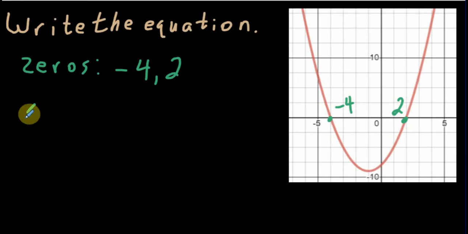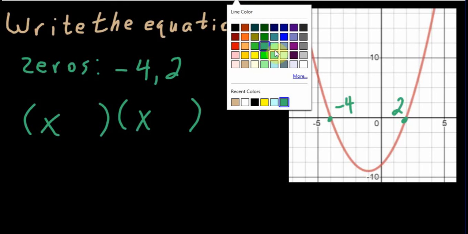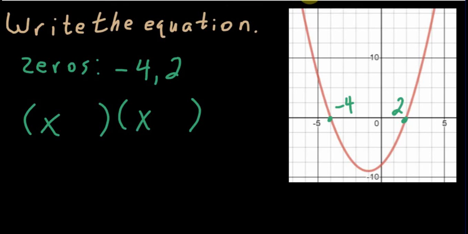So we're going to have x plus or minus something times x plus or minus something. All right, one of my zeros is -4, so I put the opposite, +4. The other zero is 2, so I put -2.